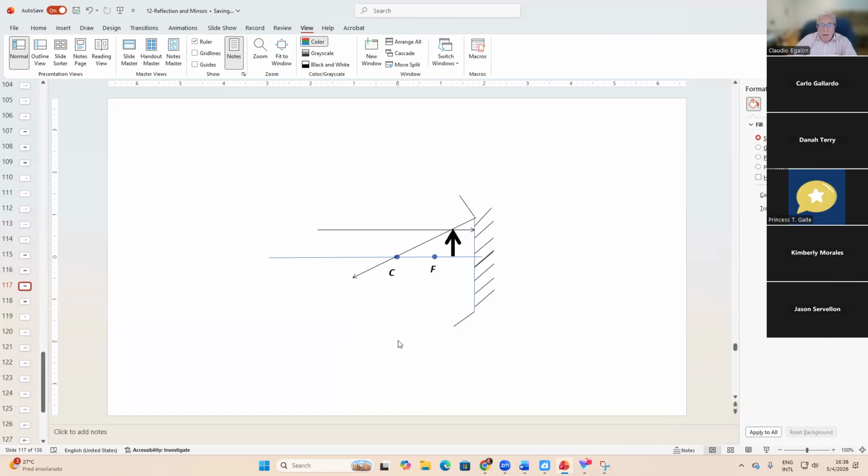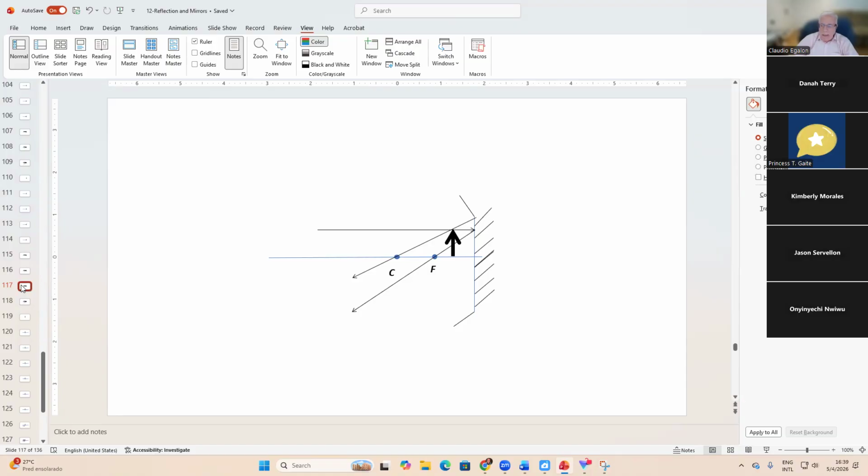Here you go. First light ray, second light ray passing through the center of curvature. Notice that those two light rays are diverging from each other. They are not going to intersect each other, okay?